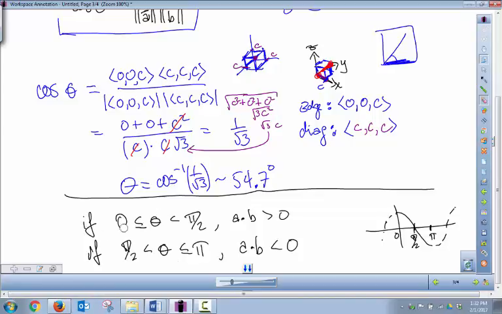So these inequalities say that if it's less than 90 degrees, then it's going to be positive. If it's bigger than 90 degrees, it's going to be negative. So right exactly at 90 degrees, it turns out that it's going to have to cross 0. That's like the intermediate value theorem, right?